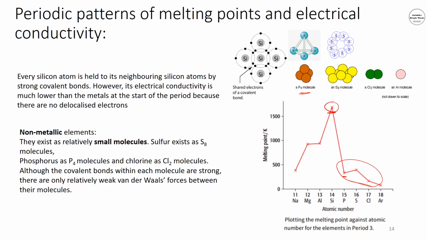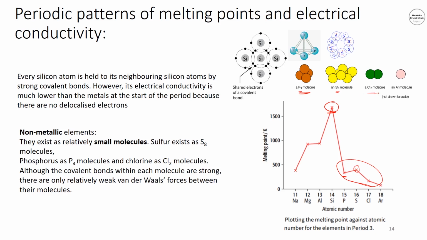I have only 4 atoms holding together. This is why you have the higher melting point of sulfur, because it has 8 atoms holding together. So you could see here I have more atoms holding together, and those more atoms will make the melting point of sulfur a little bit higher than phosphorus.